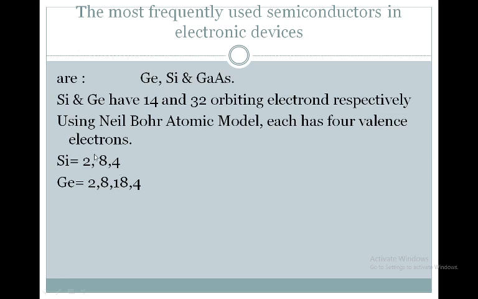So silicon has 4 valence electrons, so it's tetravalent, meaning for the structure to be stable, there is need for each of these silicon atoms in the crystal to have 4 more electrons for it to be stable.